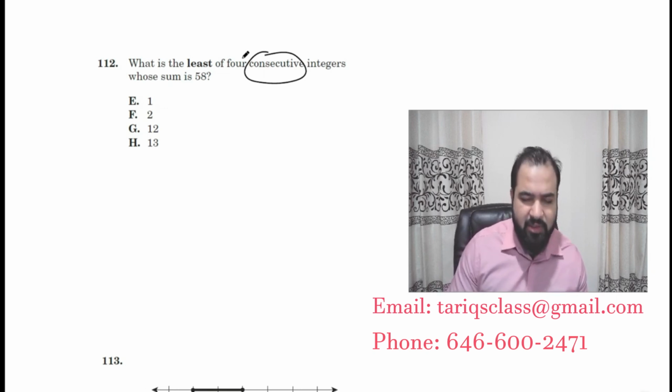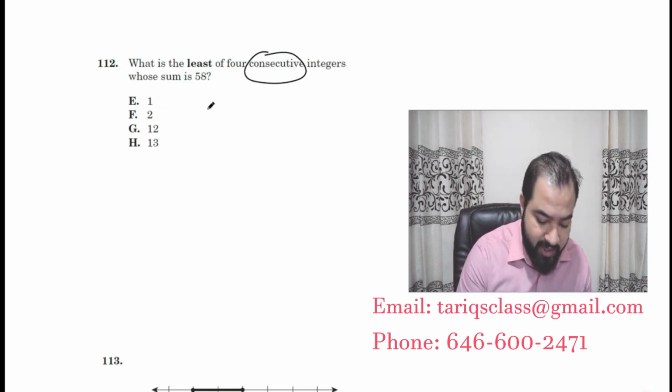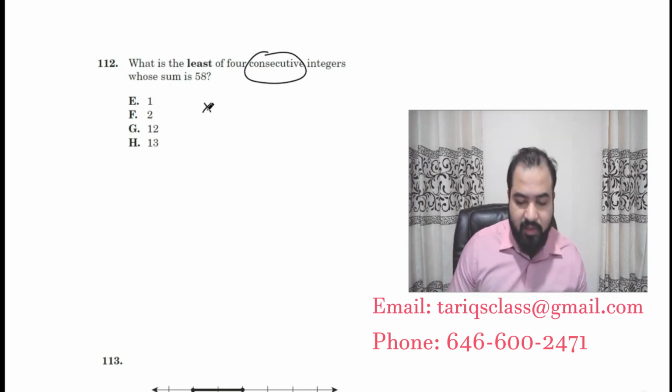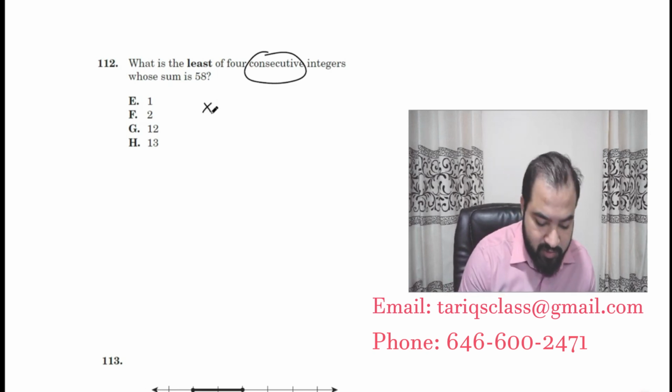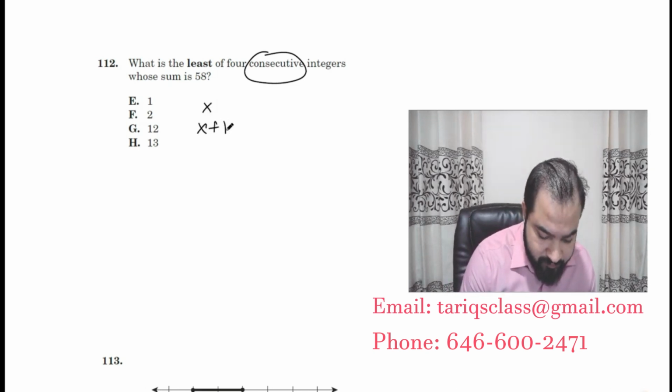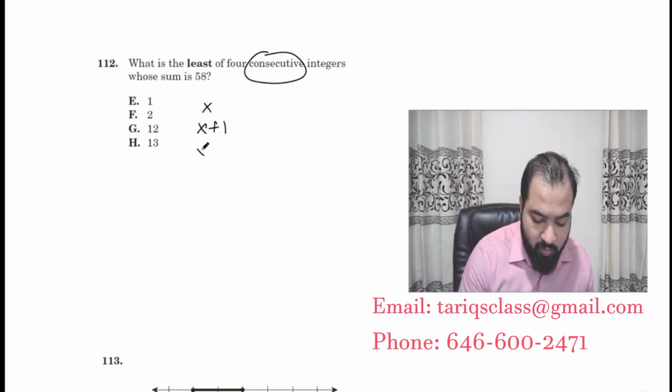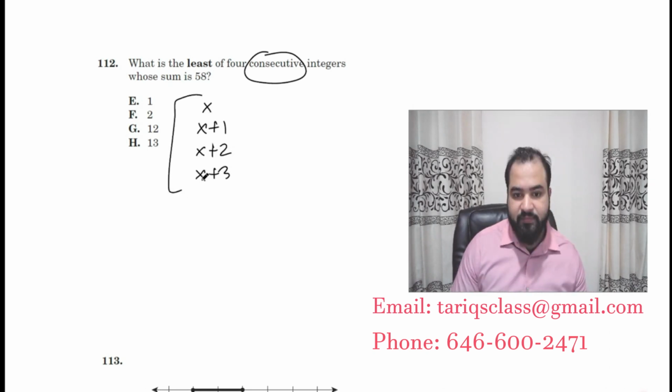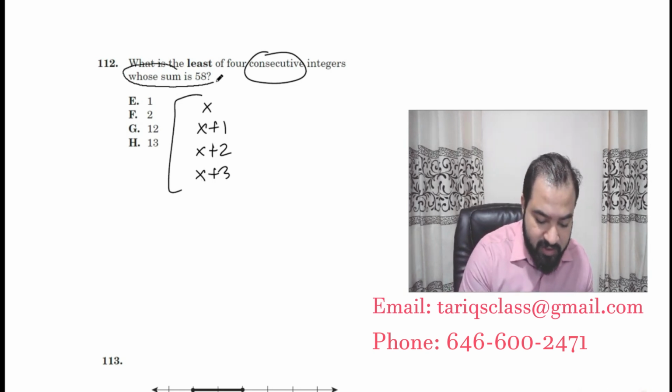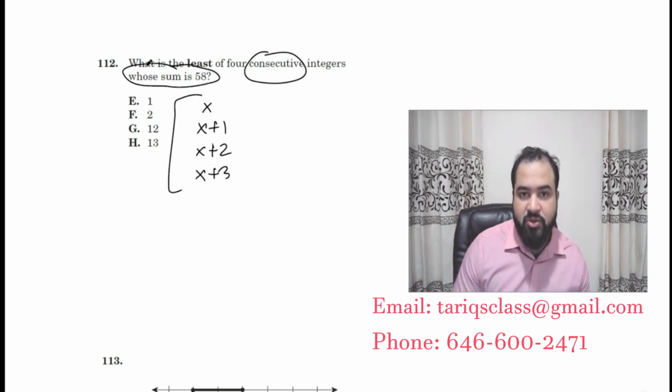So I would say the first integer I have is x, and the next one will be one more than it. So I'll say x plus 1, and then one more than this one, which is x plus 2, and x plus 3. So these are the 4 integers we have. Now they said the sum of the integers is 58. So what equation can we make?